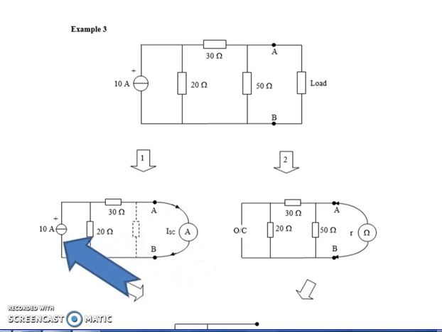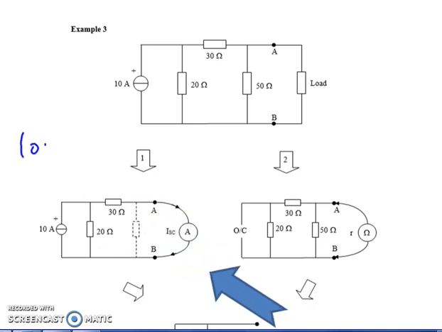So the current from the generator, the 10 amps, is being shared between the 20 and the 30. So sharing again, 10 amps shared between 20 and 30.